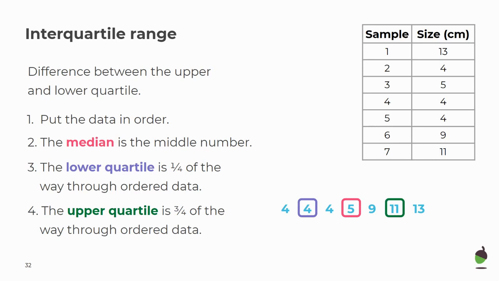We want the difference between them. So 11 minus 4 is, yes, 7. The interquartile range is 7. So it looks tricky, but all you have to do is put the numbers in order and work it out. You can draw all over the numbers, cross them out, circle them.